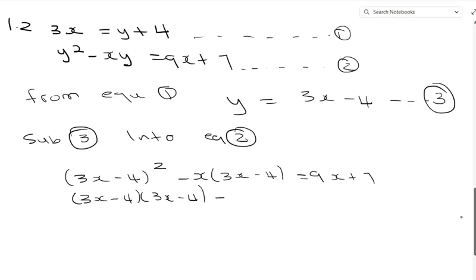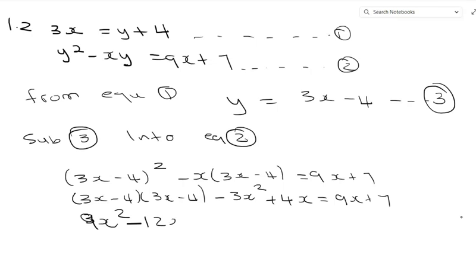Here we're going to have minus 3x squared plus 4x is equals to 9x plus 7. So here we're going to have 9x squared minus 12x minus 12x plus 16 minus 3x squared plus 4x is equals to 9x plus 7.